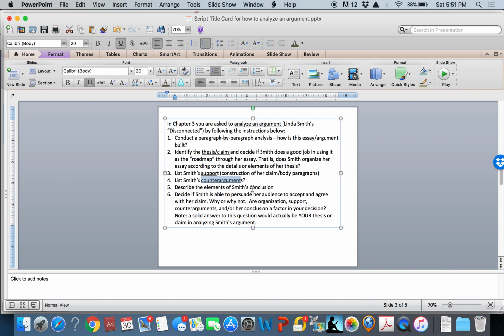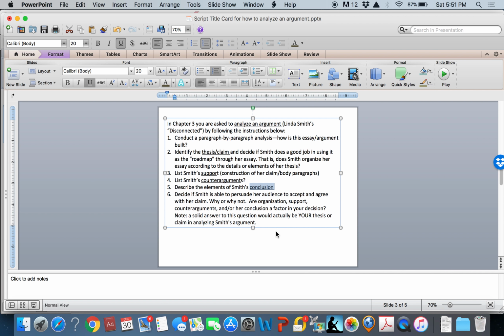So we've talked about the conclusion. And then finally, once you've done this, you've gone through the parts, you have to decide if Four is able to persuade the audience to accept and agree with his claim about the benefits of sharing space with non-humans, and why or why not.